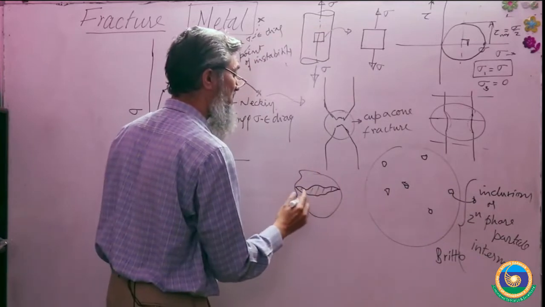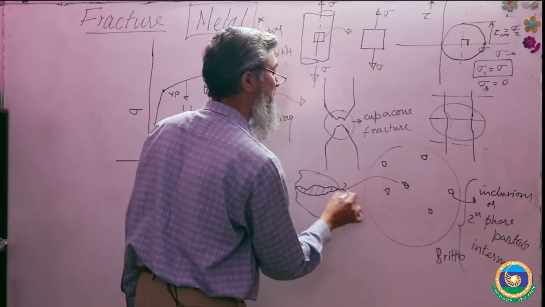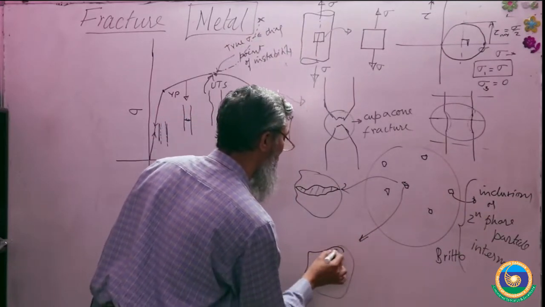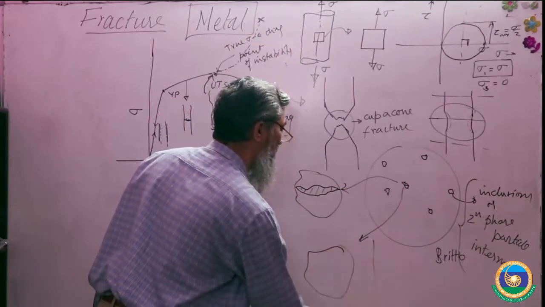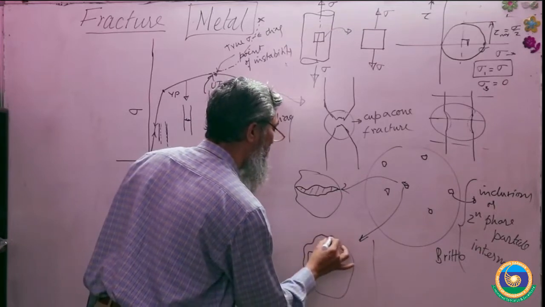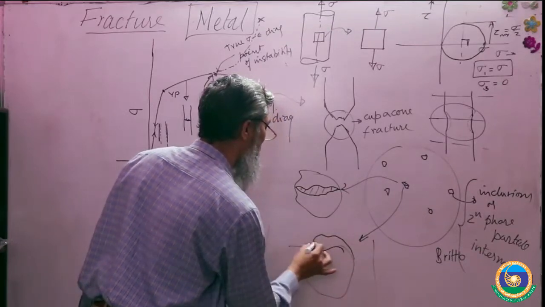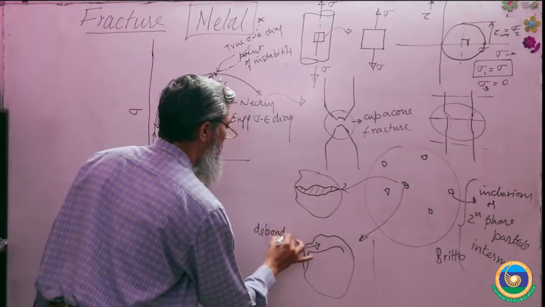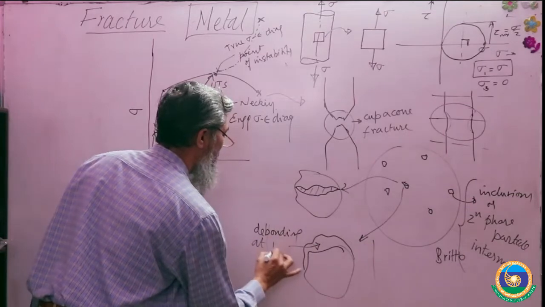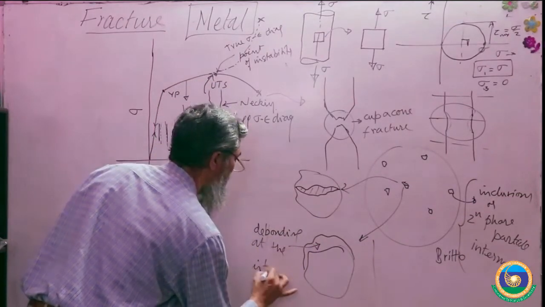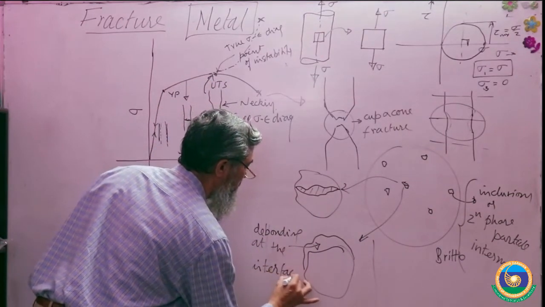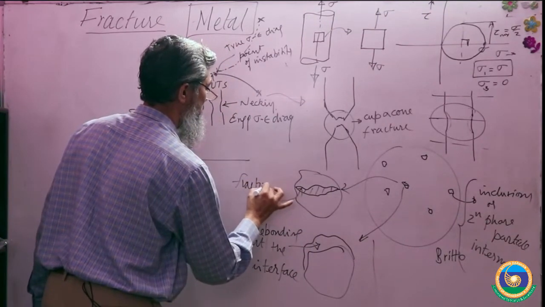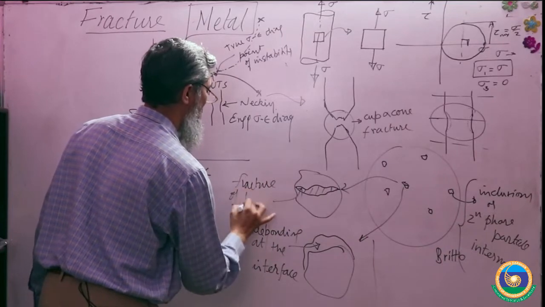Another way this can happen is, if this is the particle and this is the metal, there may be some debonding at the interface, or there is fracture of the particle.